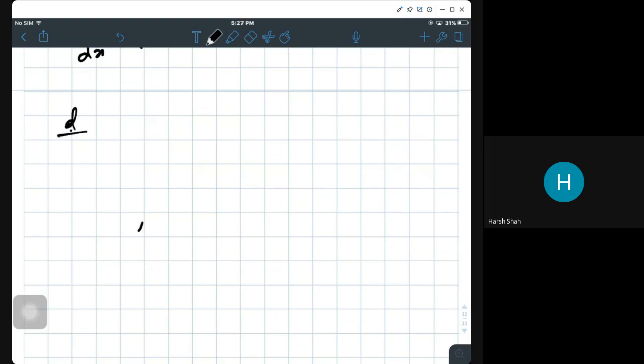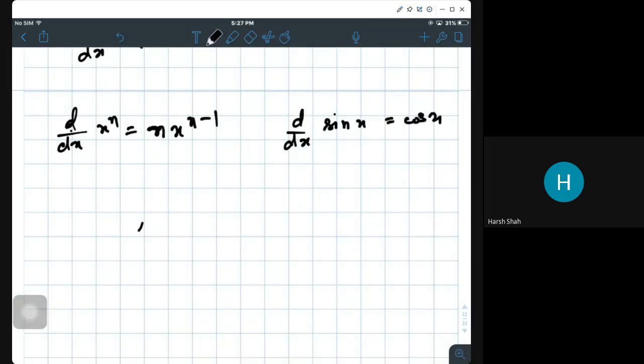d by dx of x to the power of n is n x to the power of n minus 1. d by dx of sin x is just cos x. d by dx of cos x is minus sin x.